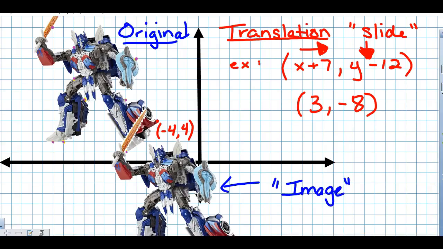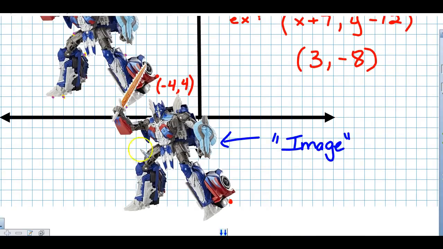Now, if we were to label these points, we label them a little different. So here in the original Optimus Prime, we have our normal points A, B, C, D, so on and so forth. These original points that we have up here are just labeled respectively with capital letters. Now in the image, we have those exact same points. We relocated those.